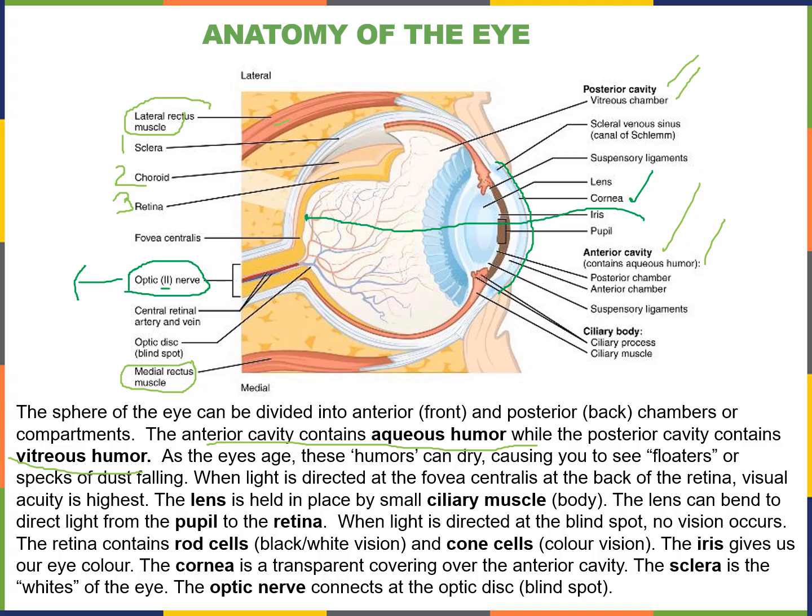So I'm going to remove again some of my markings just to keep our image reasonably clear. I'll leave the cornea there because we have to come back to talk about that.